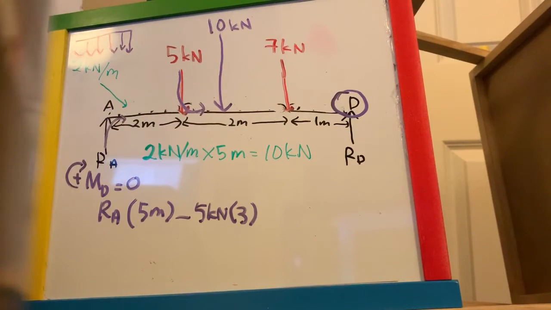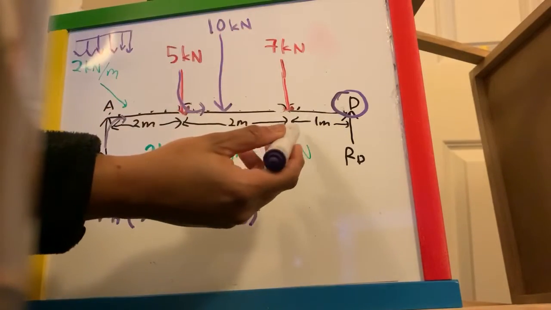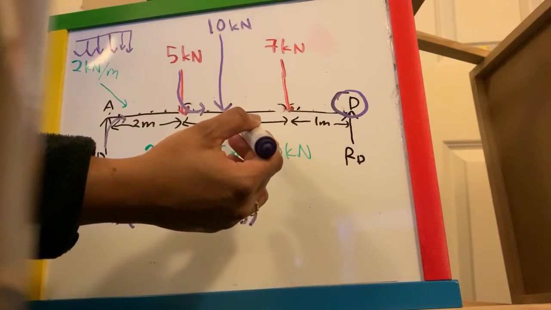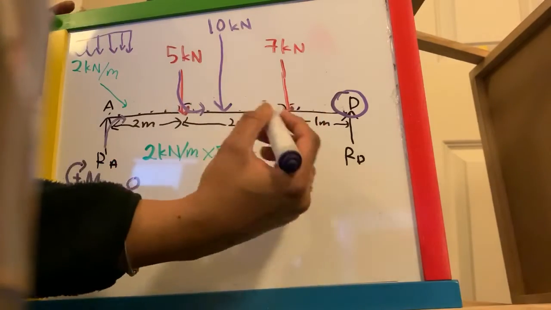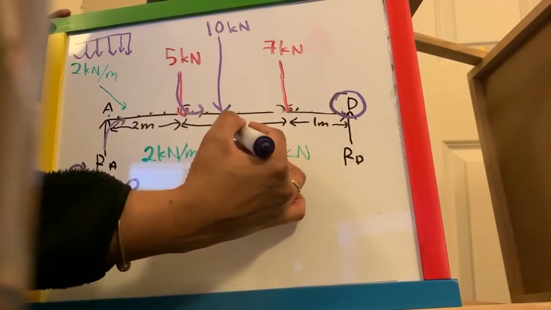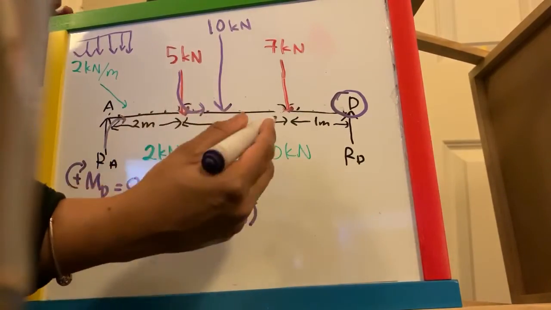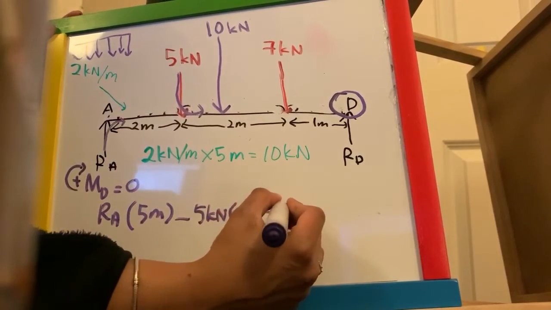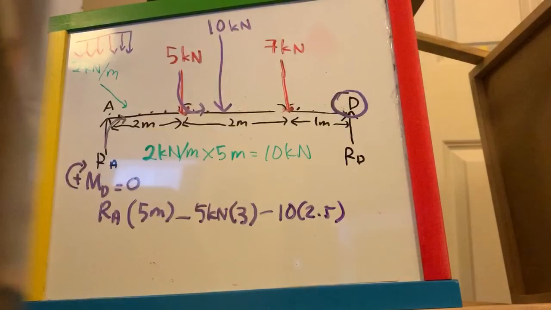So this 10 kilonewton force has a perpendicular distance of 2.5 meters, doesn't it? Because it's sitting in the middle of the 5 meters. So that is minus 10 multiplied by 2.5.